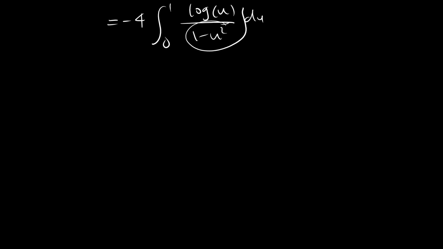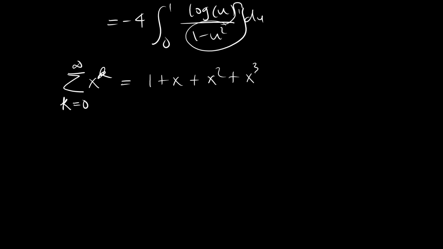This part here where there is a hidden one at the top is important for us. And why is it important? Because when we have a geometrical progression with x less than 1, the sum from k equals 0 to infinity of x to the k becomes 1 plus x plus x squared plus x cubed all the way to infinity.